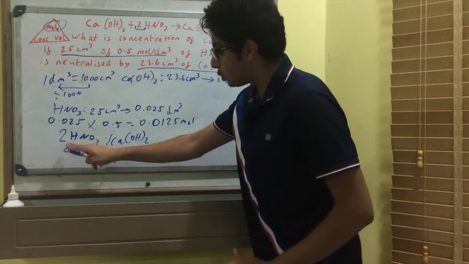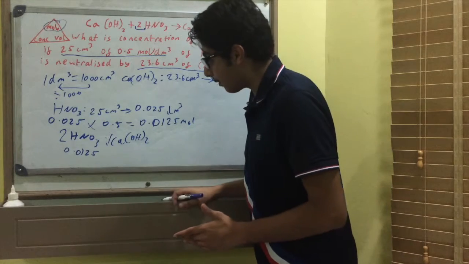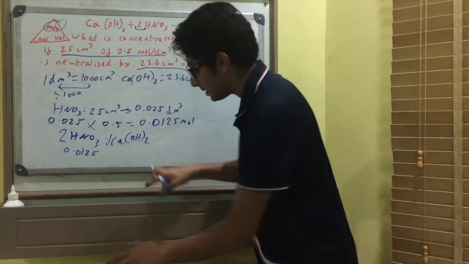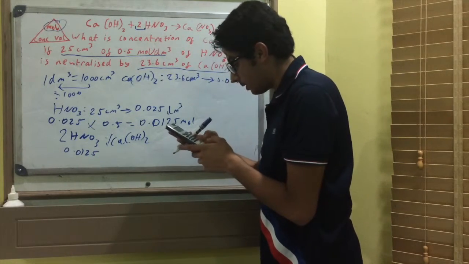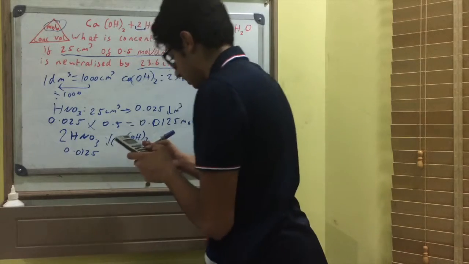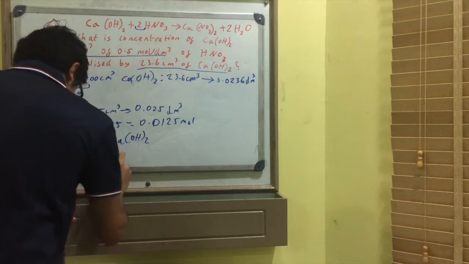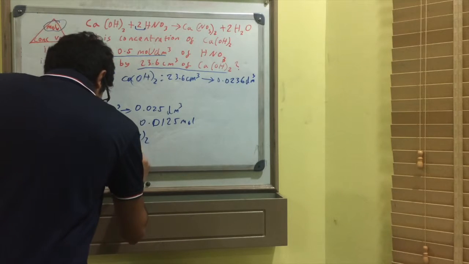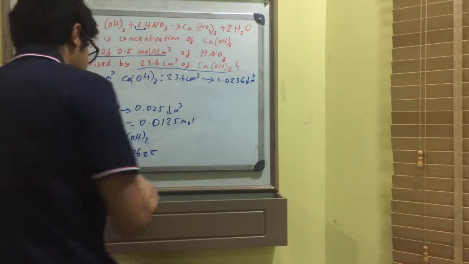So the ratio is 2 to 1. Therefore, we divide by 2 to get to this. So 0.0125 divided by 2 is going to give you 0.00625.